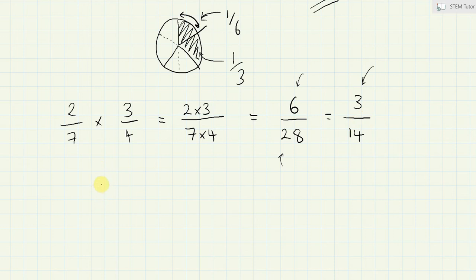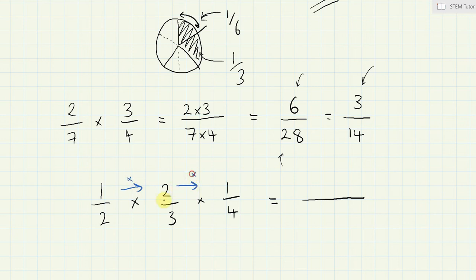Okay, if we had a question where we had 3 fractions multiplied by each other, so we'll have a half multiplied by 2 over 3 multiplied by 1 over 4. The process is still the same. You multiply along the tops and you multiply along the bottoms, or the denominators.